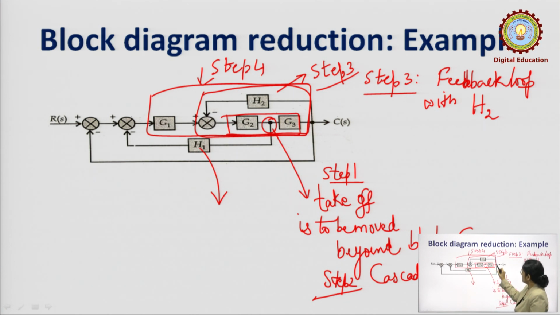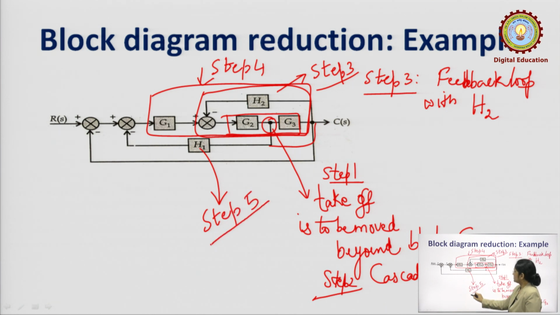Since this takeoff point is now moved here, it is in this path. So, this entire step 4 will give us step 5. This step 5 is the reduction of this complete block with the feedback loop H1.